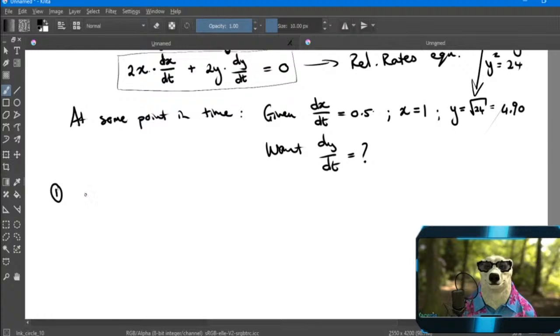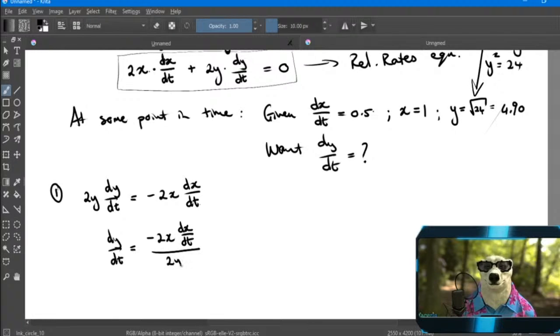So I'm going to move the term with x's in it to the left, like so. And then I have to isolate dy dt to get dy dt equal to negative 2x dx dt over 2y. And the 2's can cancel.